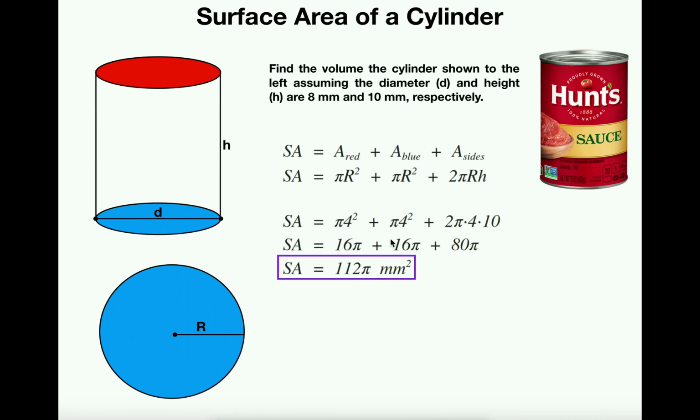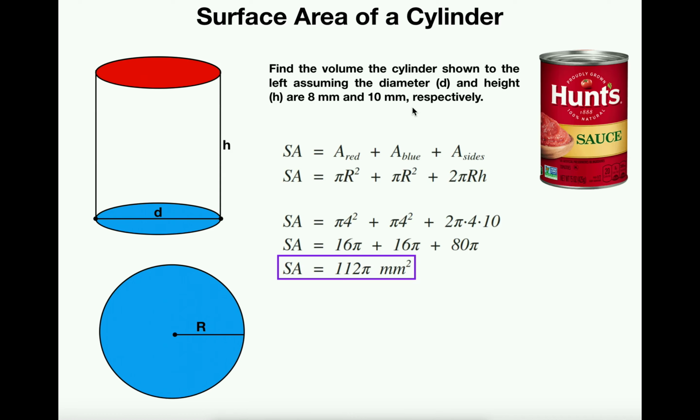And then when I add these three numbers, the total surface area is 112 pi, and units are going to be millimeters squared. Remember, volumes have cubic units, whereas all areas, regardless of what type of area, is going to be square units. So here they're in lengths of millimeters, so it's going to be millimeters squared, or square millimeters. And that's how you calculate the surface area of a cylinder.